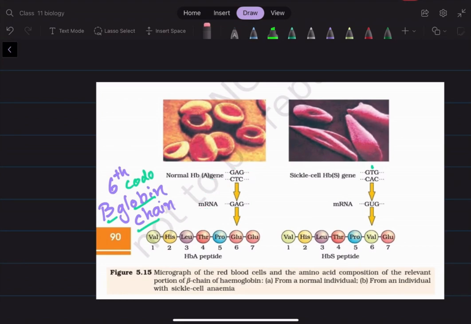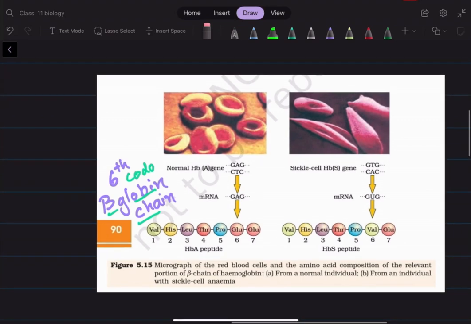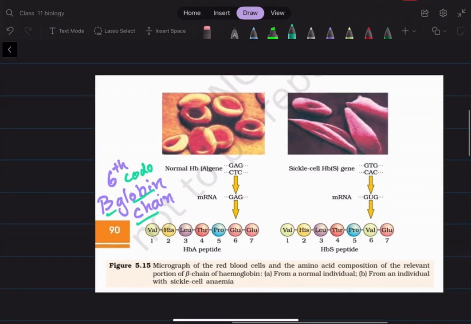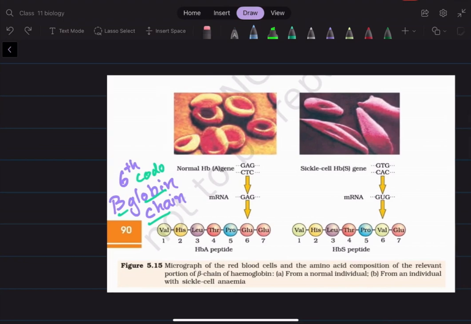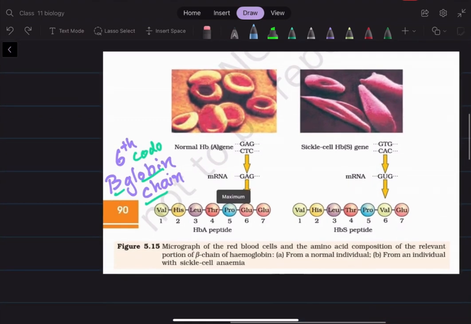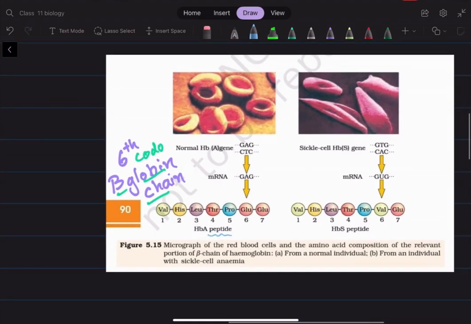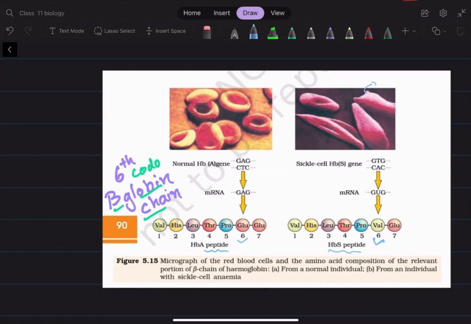The codon here is GAG in the actual, but instead of that, GUG is present. So when the peptide is formed during translation of the mRNA, instead of glutamic acid, valine is produced. Because of this production of valine in the beta globin chain, the cells look like a sickle, and that is why it is called sickle cell anemia.